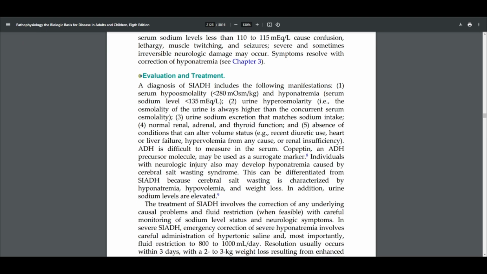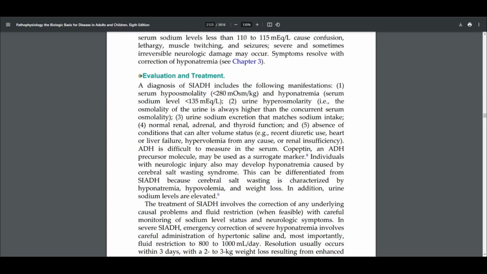Evaluation and treatment. A diagnosis of SIADH includes the following manifestations: a serum hypoosmolarity and hyponatremia, urine hyperosmolarity. Osmolality of the urine is always higher than the concurrent serum osmolality.